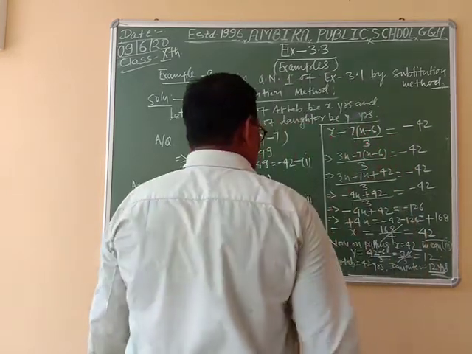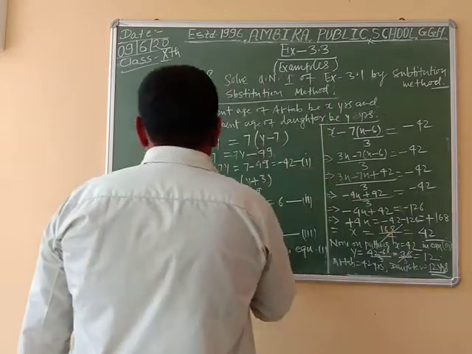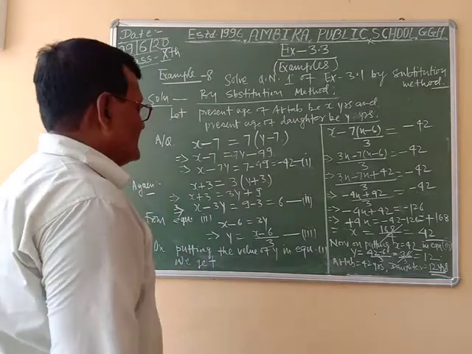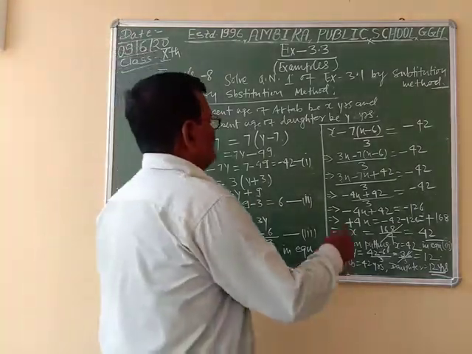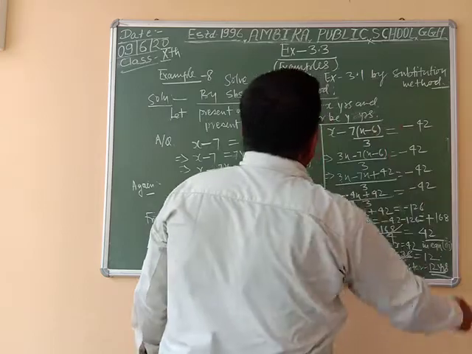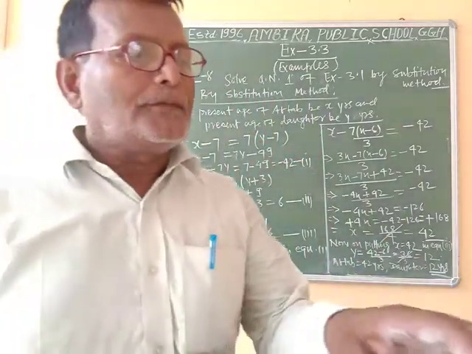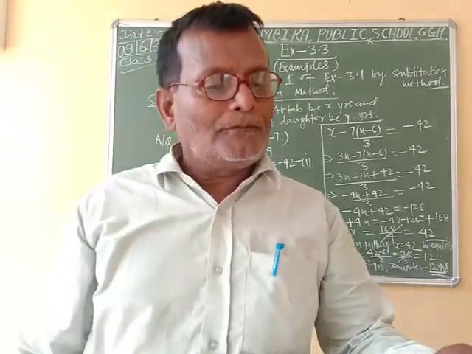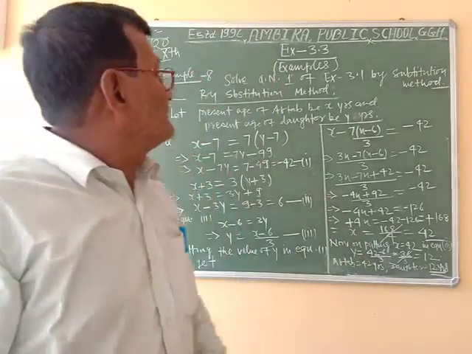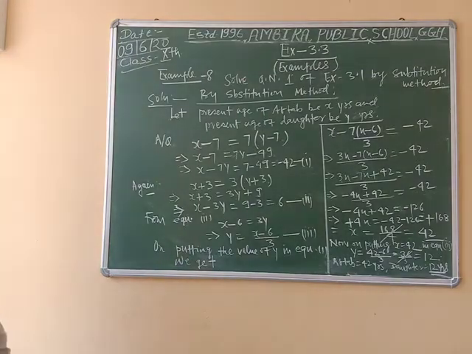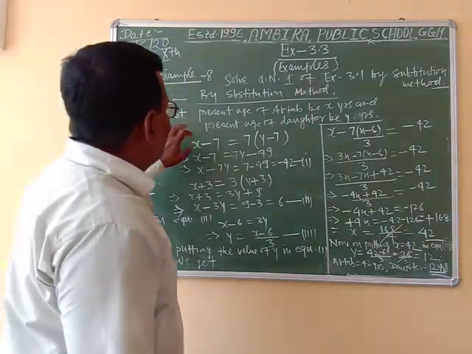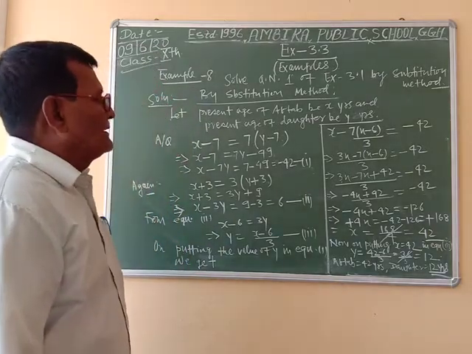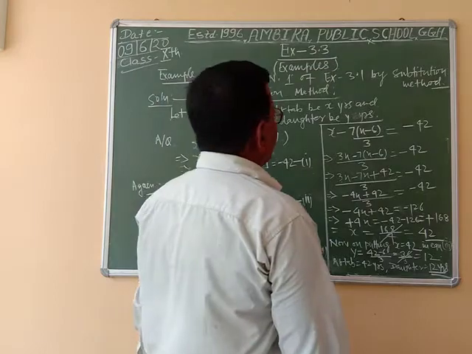So in this way I can solve the value of x and y by substitution method. Again I am going to clear this problem of exercise 3.1. Here let us suppose that the present age of Aftab be x years and the present age of daughter be y years.